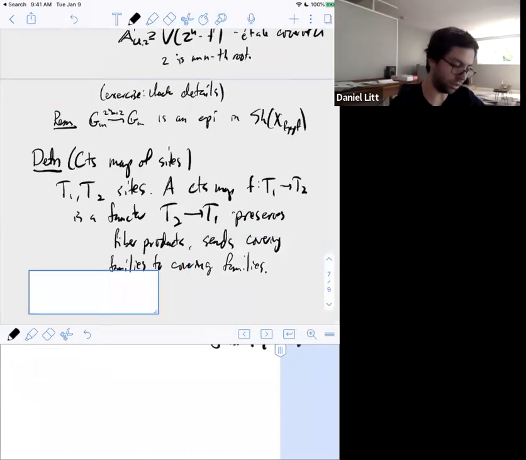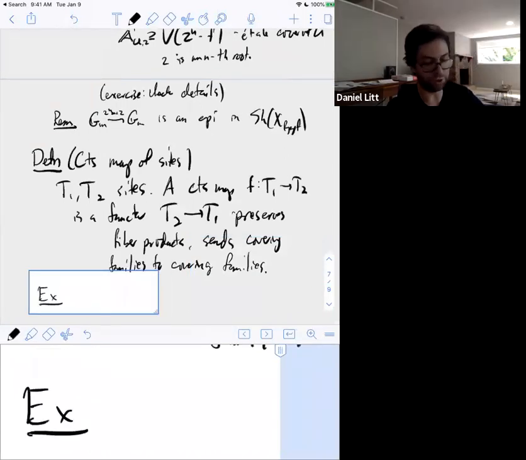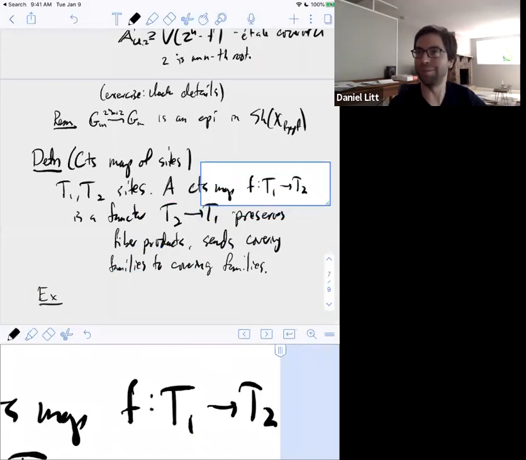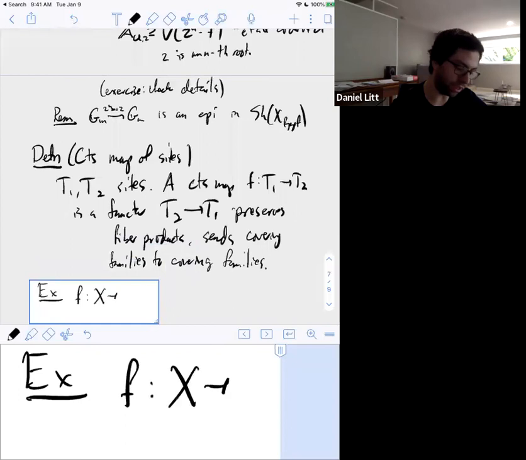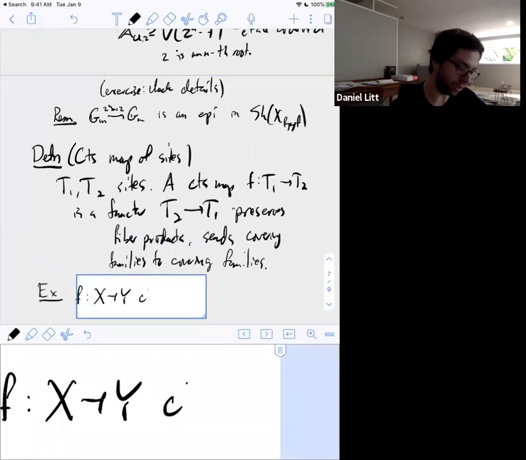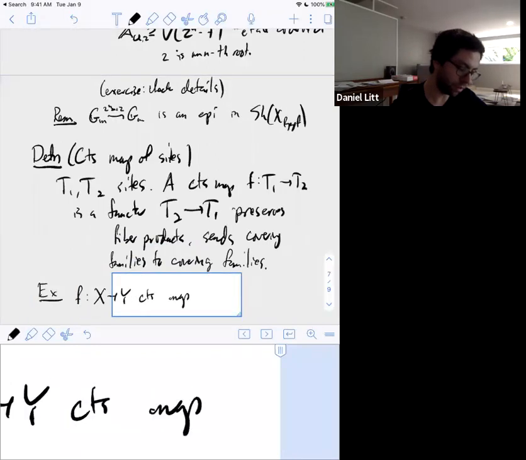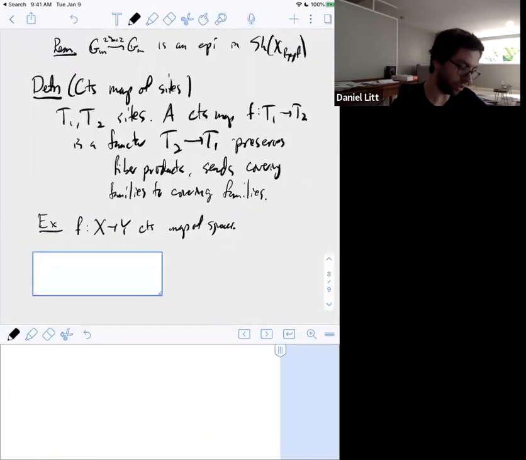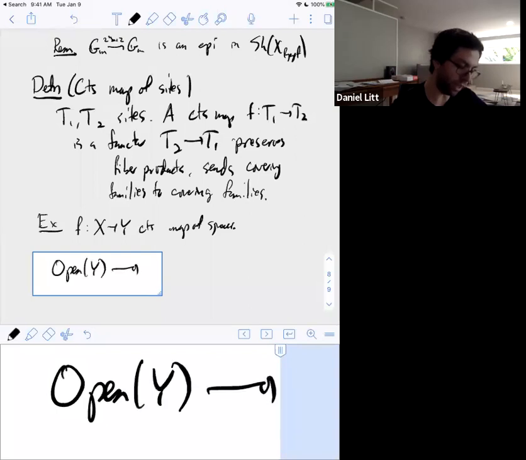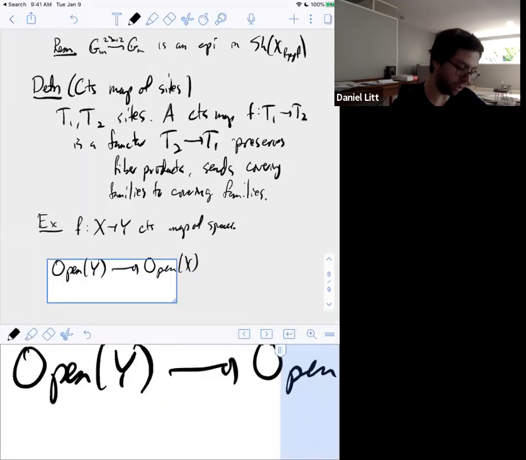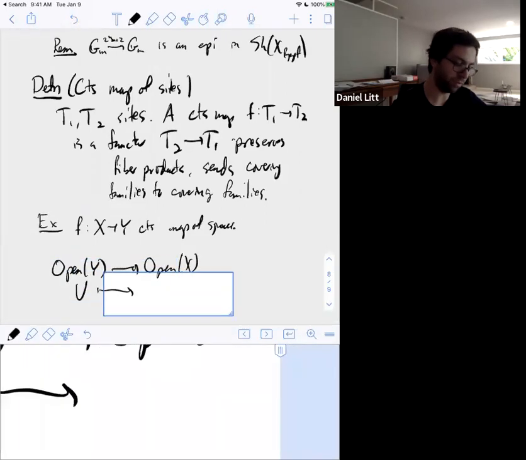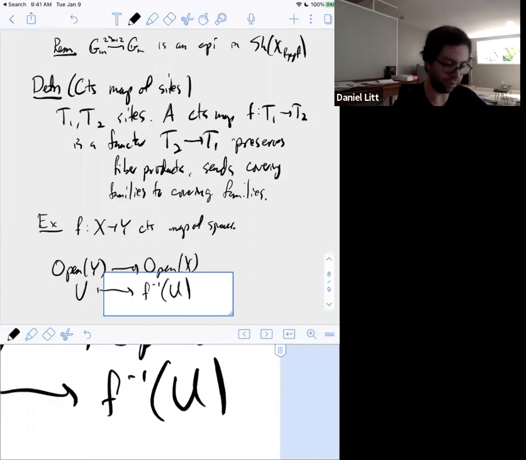Okay, and note that the functor goes the opposite way as the map, right? So the canonical example is that given f from X to Y, a continuous map of spaces, we get a functor from opens on Y to opens on X, which sends an open set U to its preimage. By continuity of f, that's an open set.